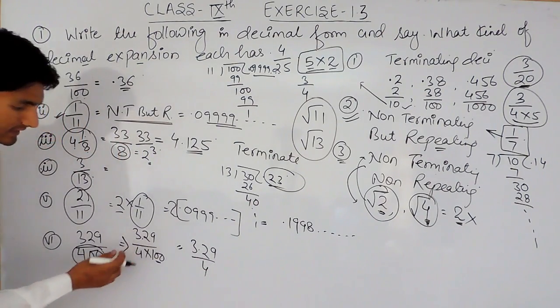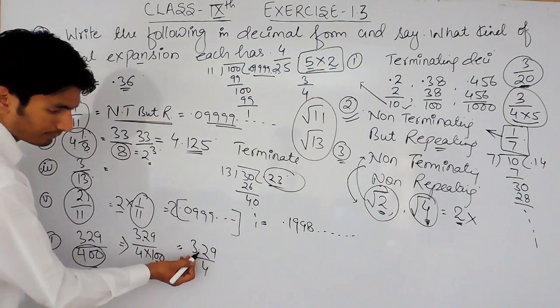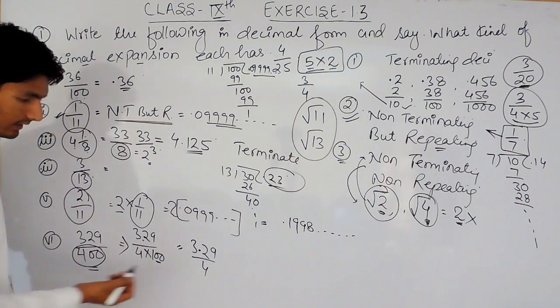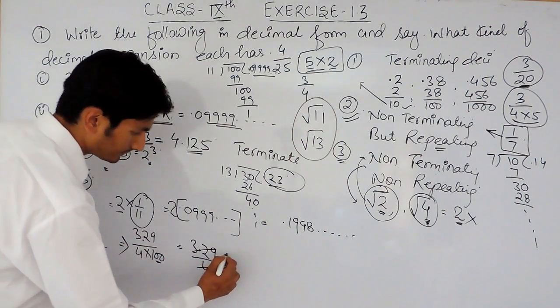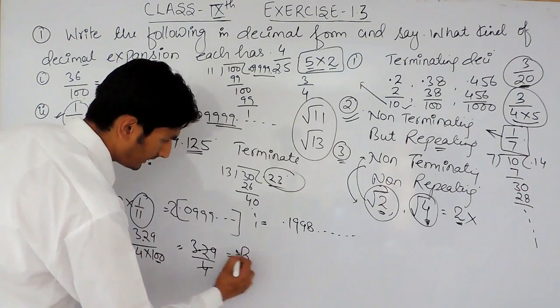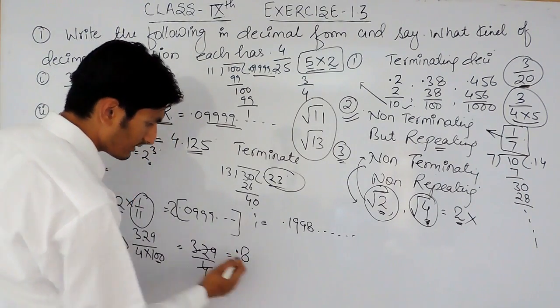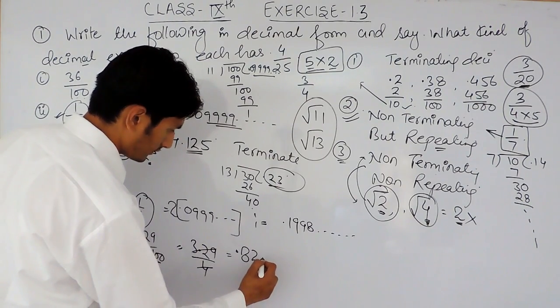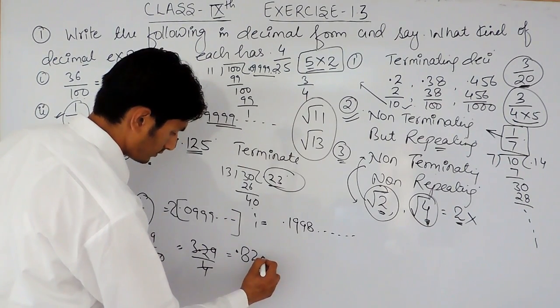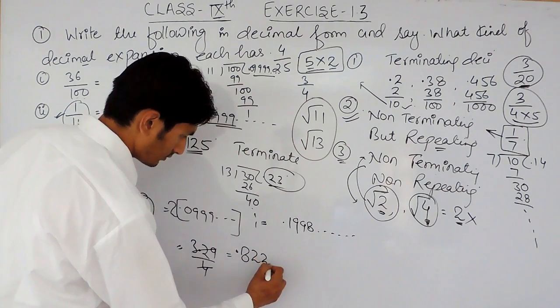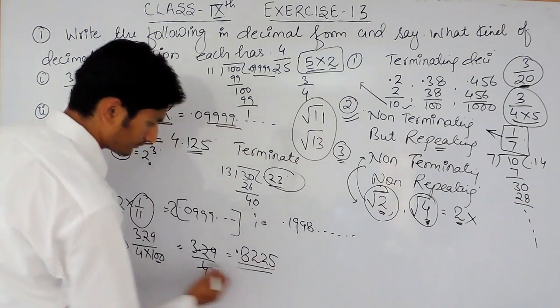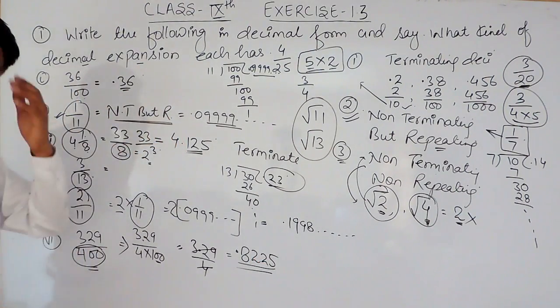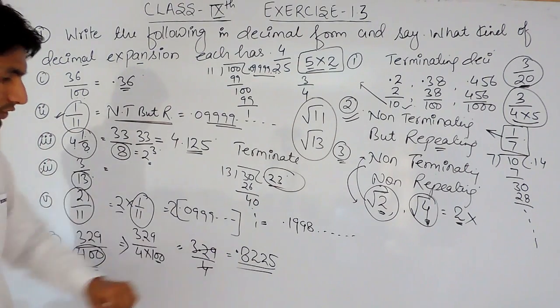I can put a decimal here. Now if I solve this, this will be 0.82, so this will be the answer for this particular question.